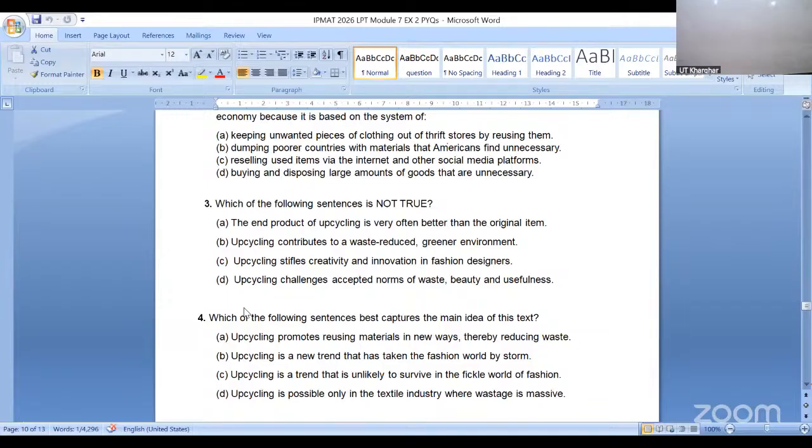Did you read the question carefully? Okay, Khyati, read the question and think about the answer again. Okay, Arav, what's your answer? Option A.